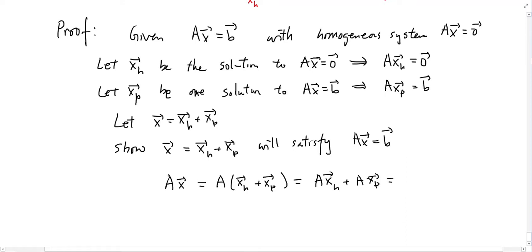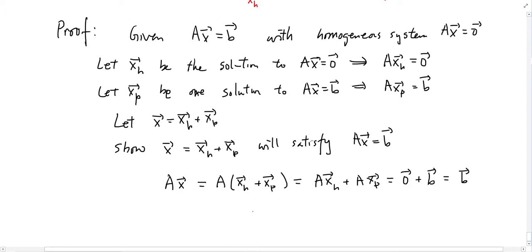And what do we know about A times vector x sub h? Well, matrix A times vector x sub h will always yield the 0 vector. And what does matrix A times vector x sub p always yield? That always yields vector b. Therefore, 0 vector plus vector b equals vector b.